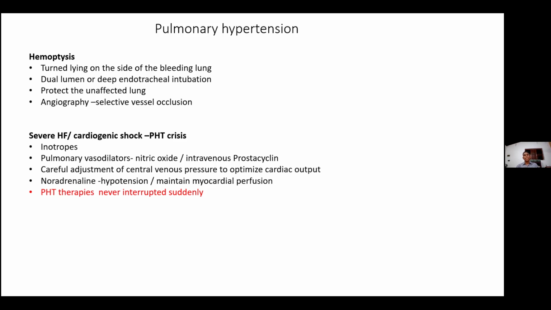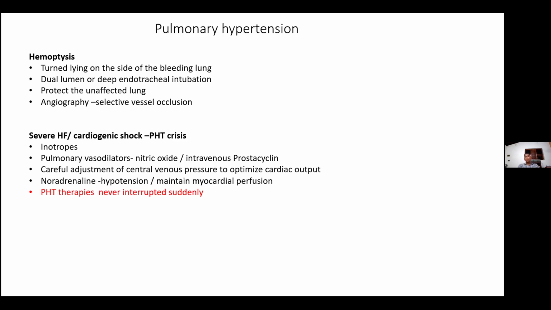From the beginning, the lung will think, I don't have enough blood supply from the pulmonary artery, so I'm going to get it directly from the aorta. So they get most of the blood from the aorta directly, and there is a high risk they can bleed and rupture. So if you find something, you can selectively go and occlude those vessels.